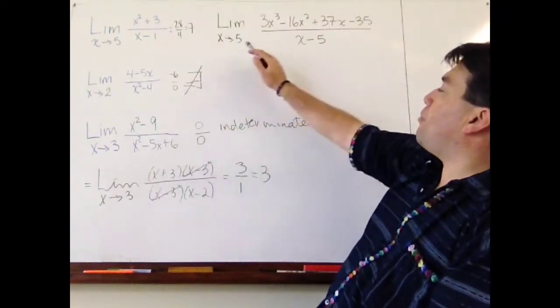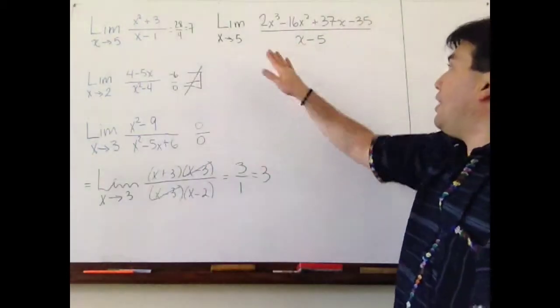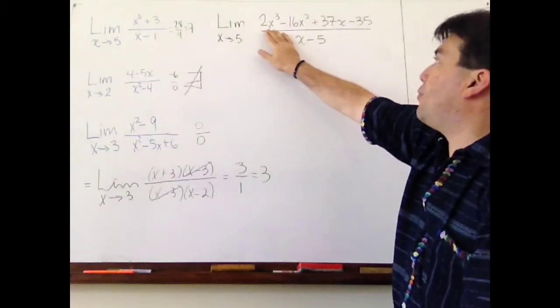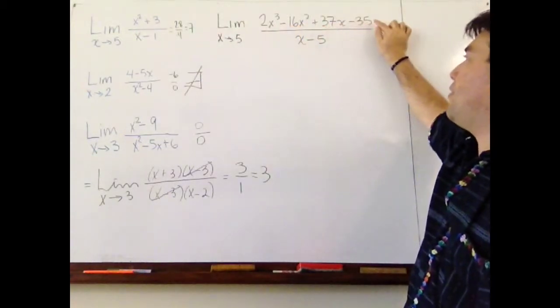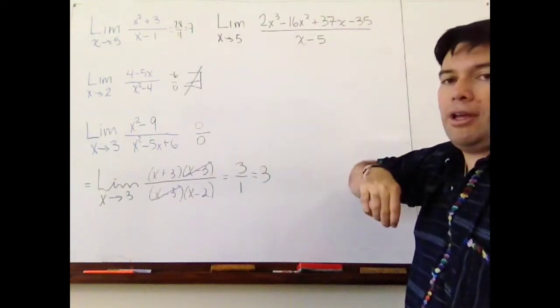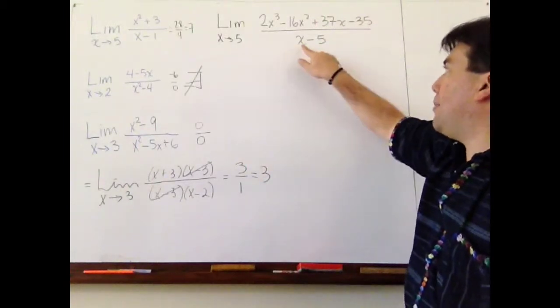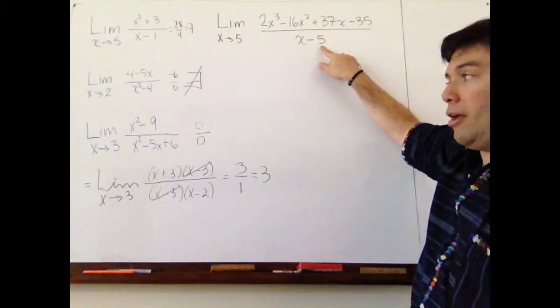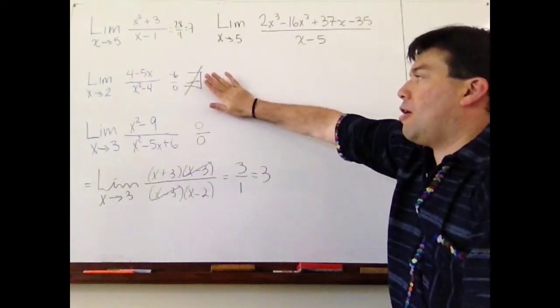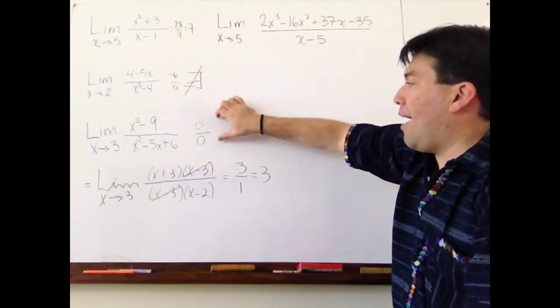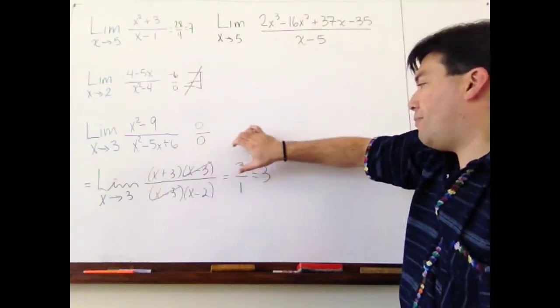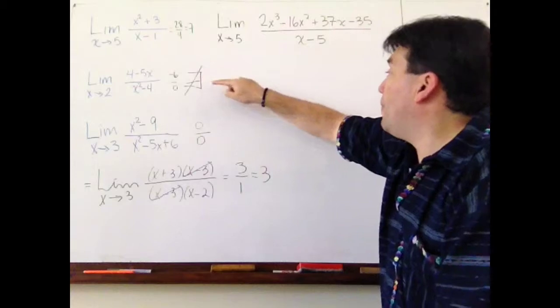The limit as x approaches 5 of 2x cubed minus 16x squared plus 37x minus 35 over x minus 5. Well, I notice that I'm going to get 0 in the denominator. So it's either going to be that the limit does not exist, or I have to work it to see if, again, I get one of these two.